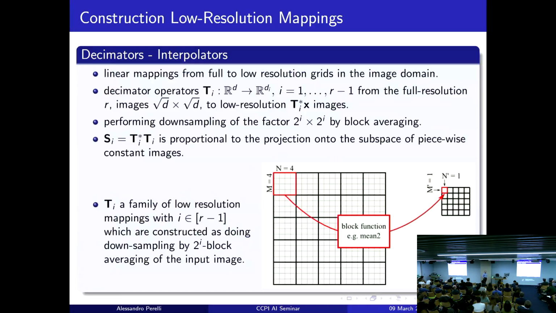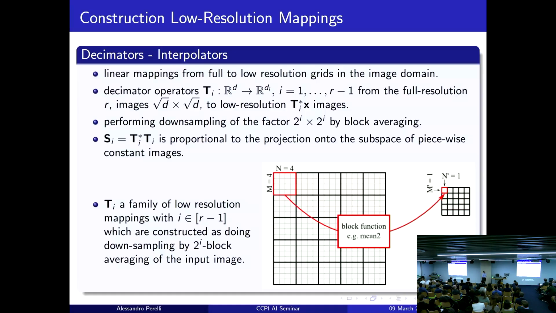Now, the simplest choice would be to pick a decimator-interpolator. An easy choice is to define this decimator T_i, which goes from full resolution images, square root of D times square root of D, into a low resolution grid. In this case, if we take i equal to 2, we have a 4 times 4 block that we map by block averaging into 1 pixel in the low resolution domain.